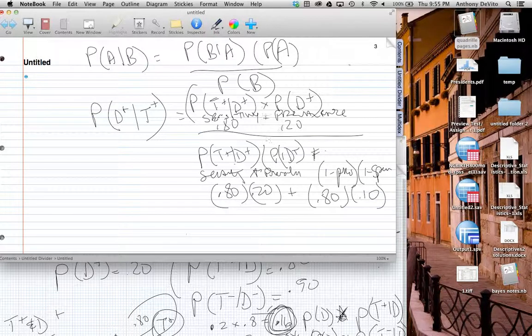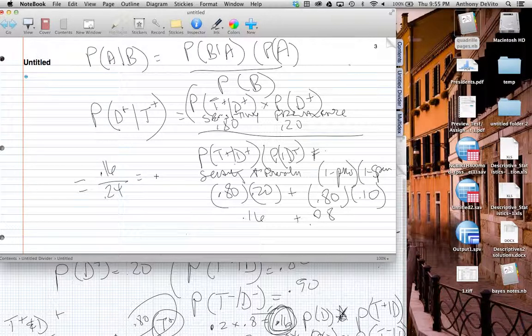Okay, so on top, we have 0.8 times 0.2, which is equal to 0.16. And on the bottom, we have 0.16 plus 0.08, or in other words, the sum is 0.24, which is equal to our 2/3. Same answer we got before.